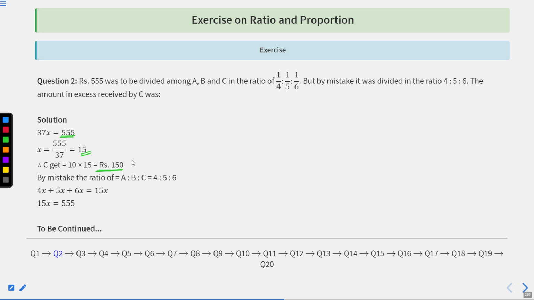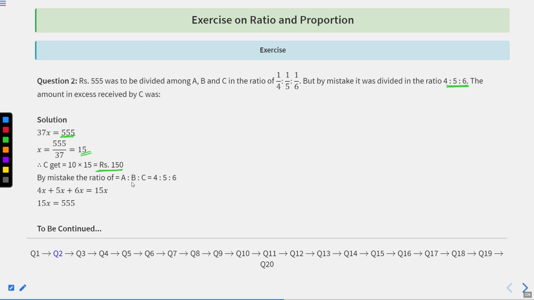That means C should have received 150 rupees. But as mentioned in the question, the division was made on the basis of the wrong ratio. That means C received more money than he should have received. Let's see how much money he received, and then we will find the excess.